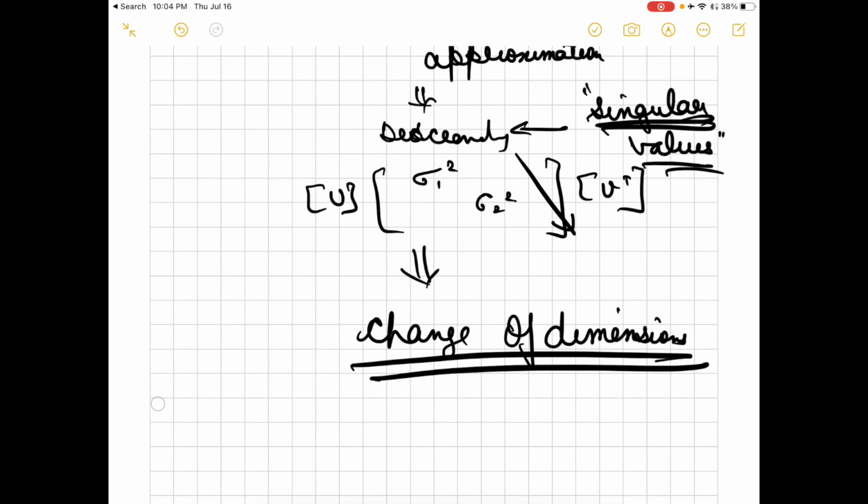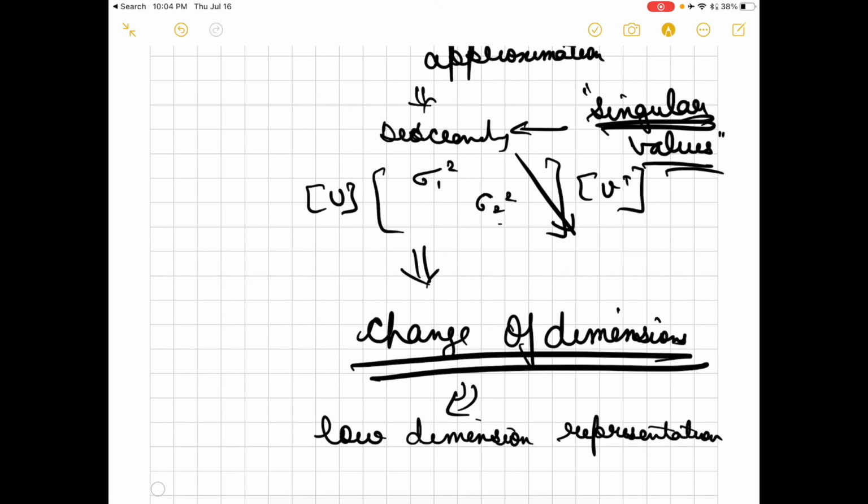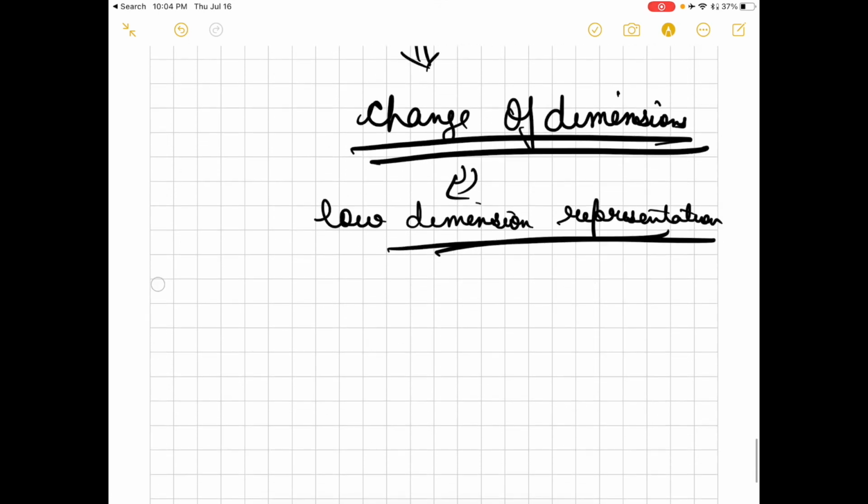Now, from a machine learning perspective, we will use these sigma 1 square, sigma 2 square to identify the low dimensional representation, which will be the topic of the next video. We will also look at one example.